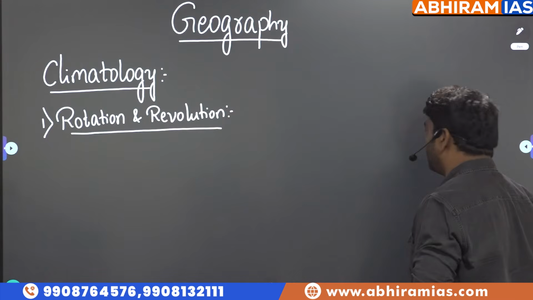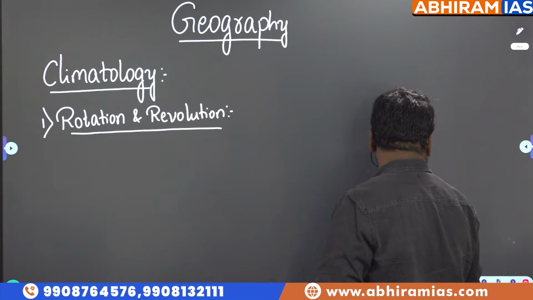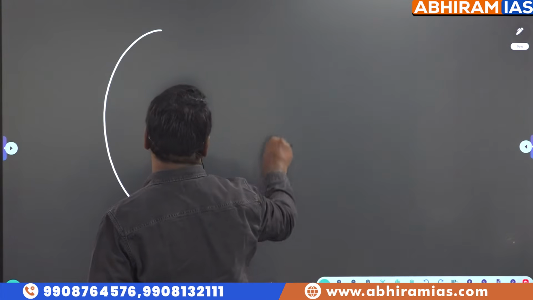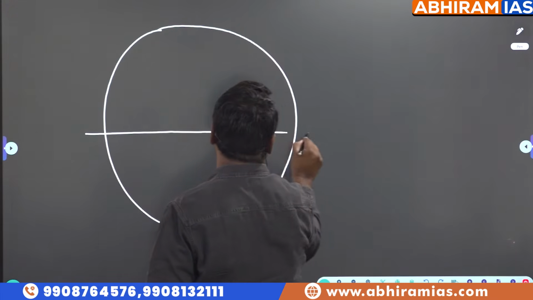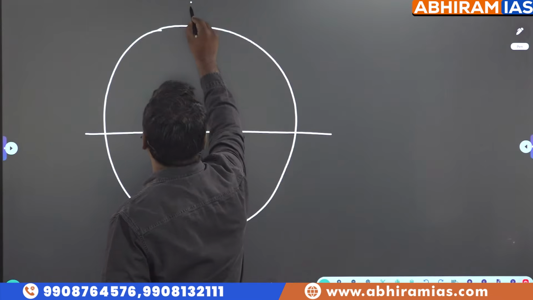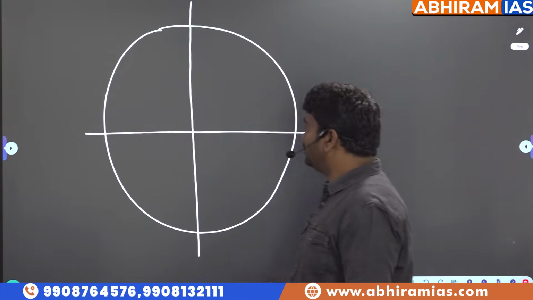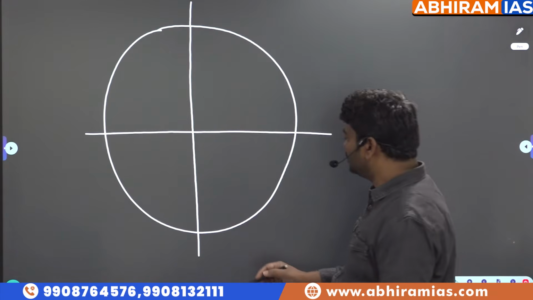Now first, the first aspect is Earth is not straight, but Earth is tilted. So what is the tilt of the Earth?